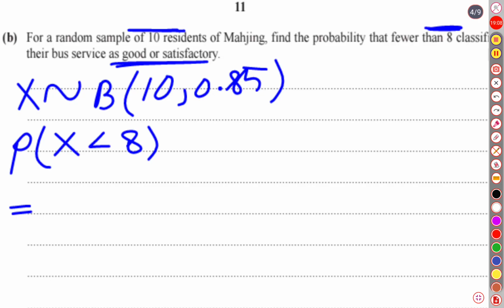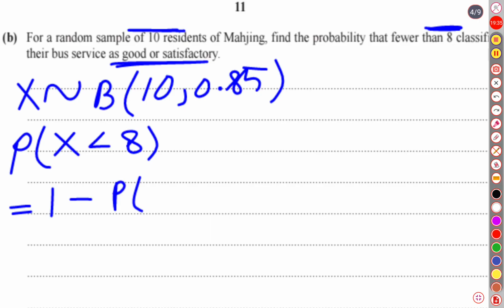Rather, we should reverse the scenario. Less than 8 means 7, 6, 5, 4, 3, 2, 1. If we subtract this probability from the whole probability of 1, that means how many people didn't classify, only 8, 9, 10 people.